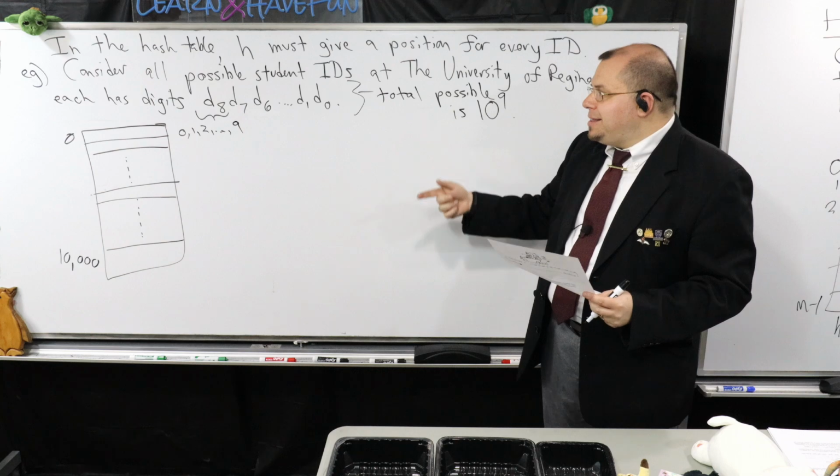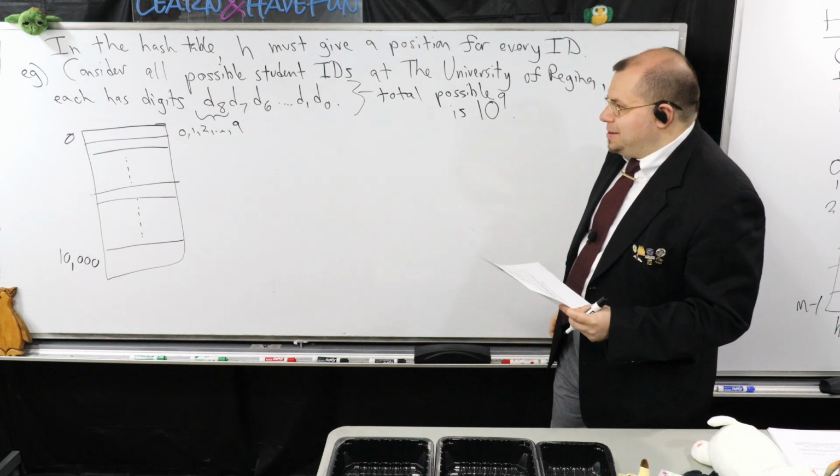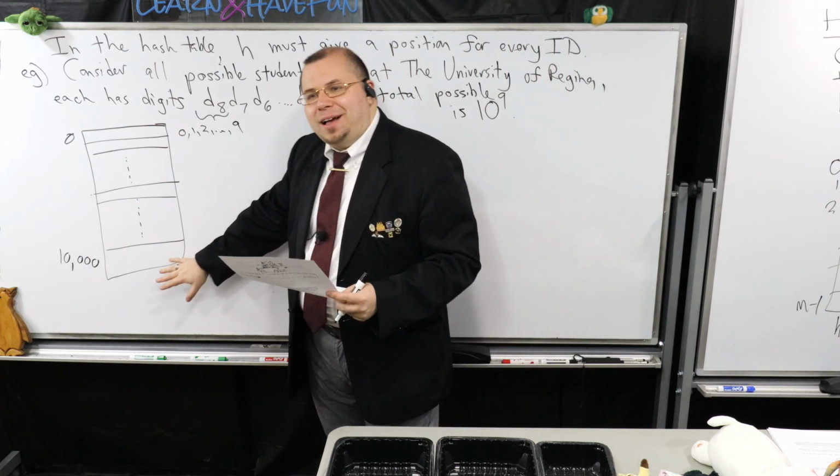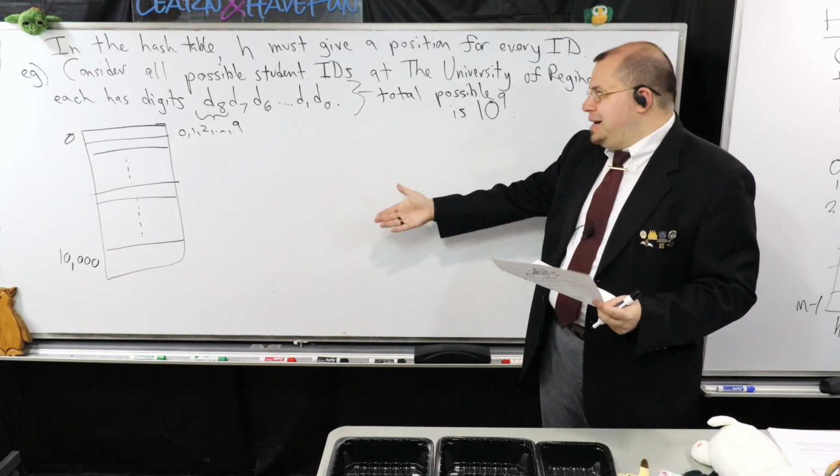You know right away that not all of these are going to fit in here. I've delicately picked this number. It's really not special. The point is it's much less than this.